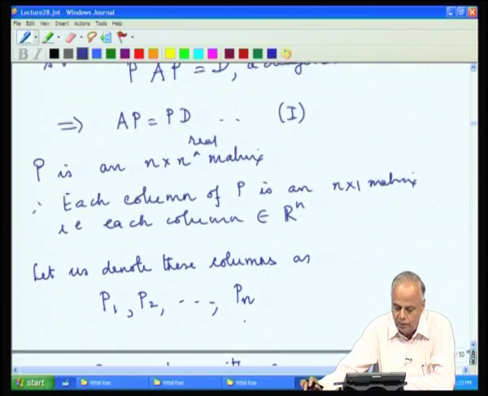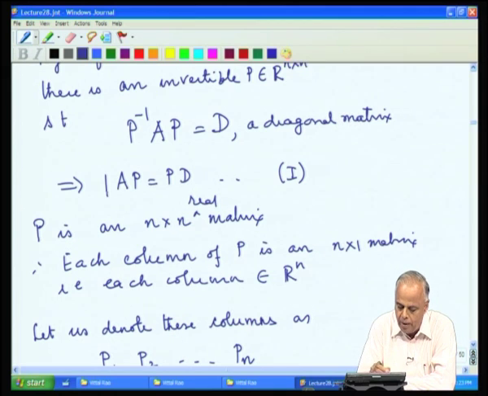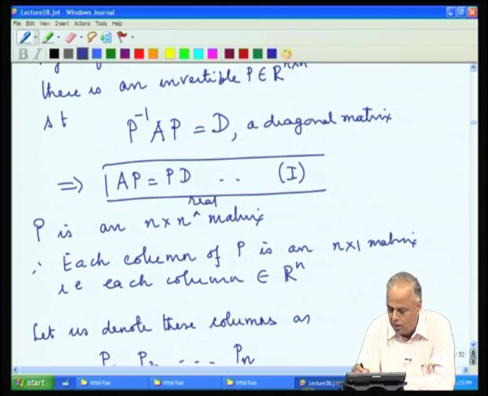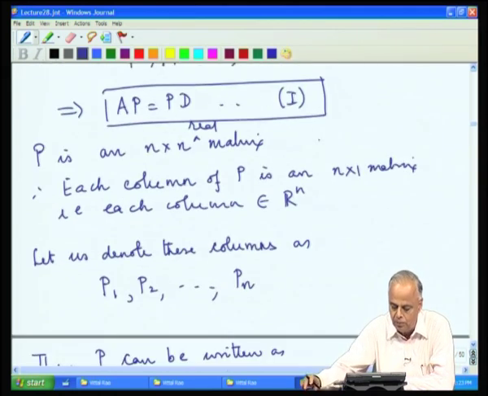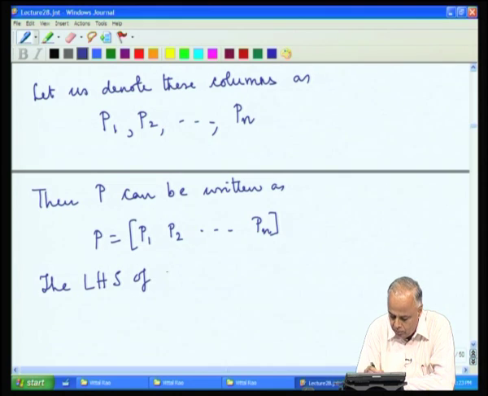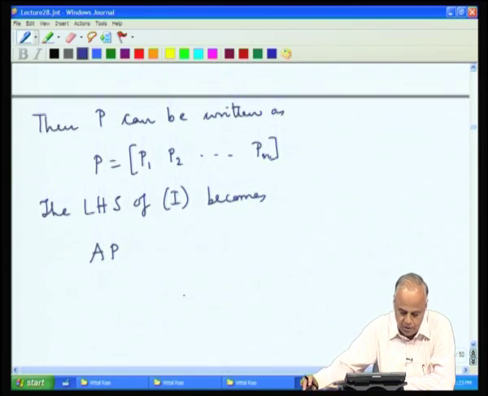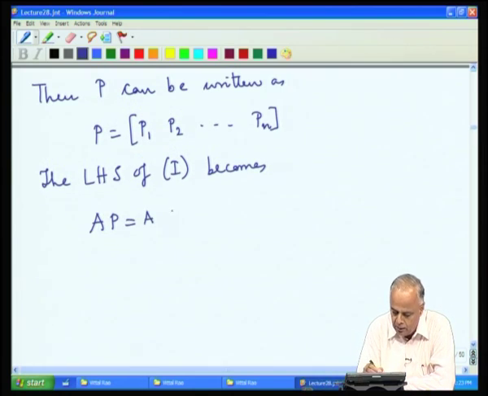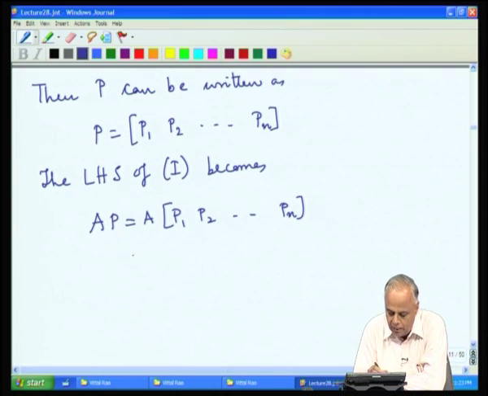So, with this notation let us go back to this equation 1, which says A P equals P D. The left hand side of 1 becomes A P, which is now equal to A into P 1, P 2, P n. When you multiply the matrix, it just becomes A P 1.